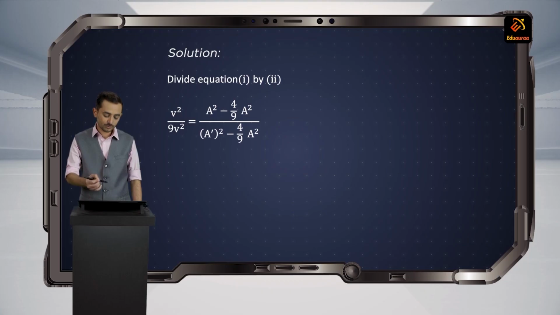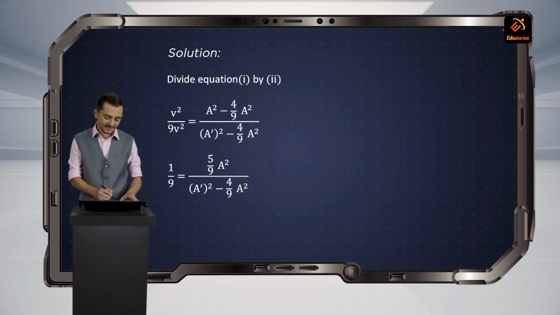So we get v square divided by 9 times of v square is equal to A square minus 4 by 9 times of a square, the whole upon A dash square minus 4 by 9 times of a square. So, students, v square will get cancelled and we are getting 1 divided by 9 is equal to A square minus 4 by 9 times of a square, which will give us overall 5 by 9 times of a square, the whole upon A dash square minus 4 by 9 times of a square.